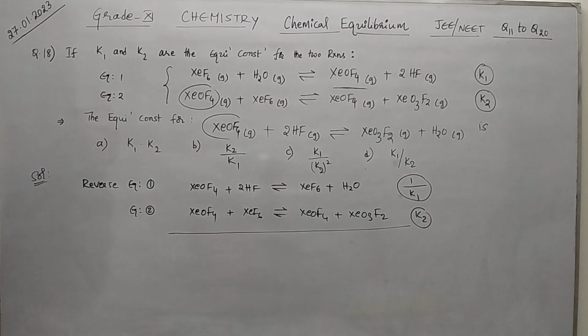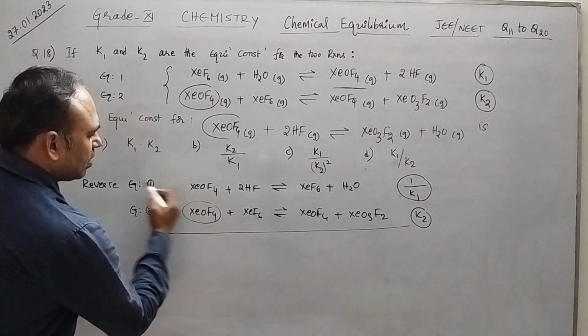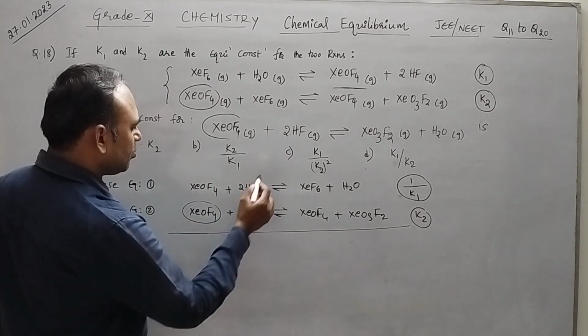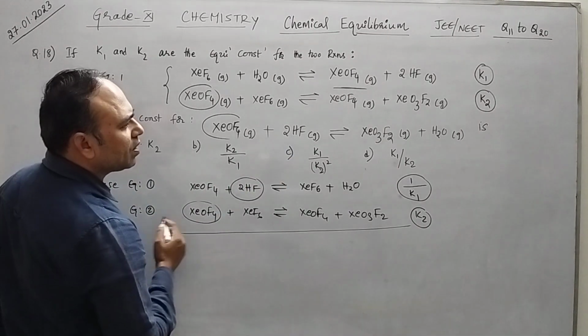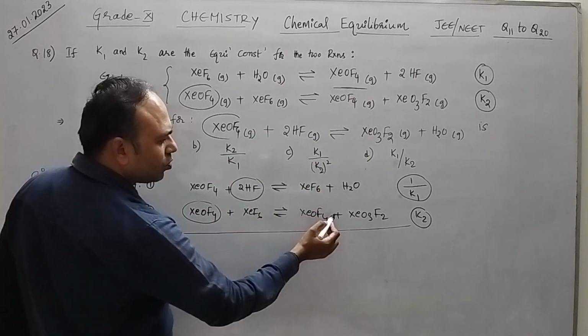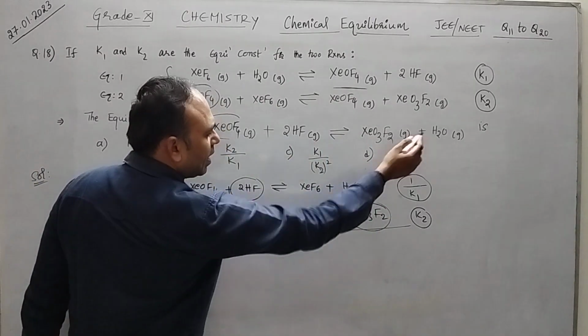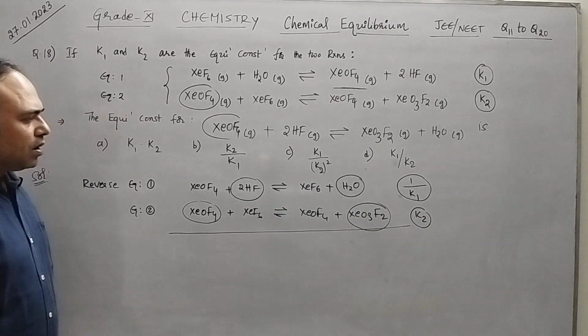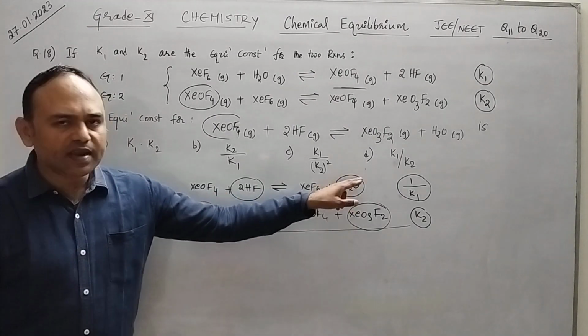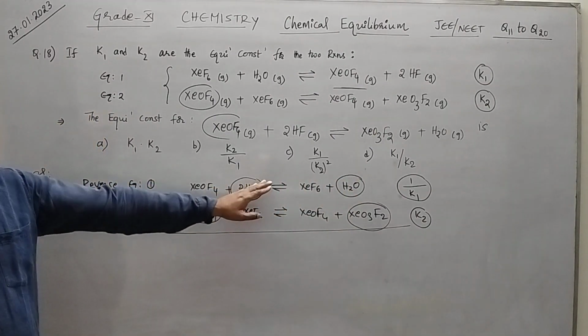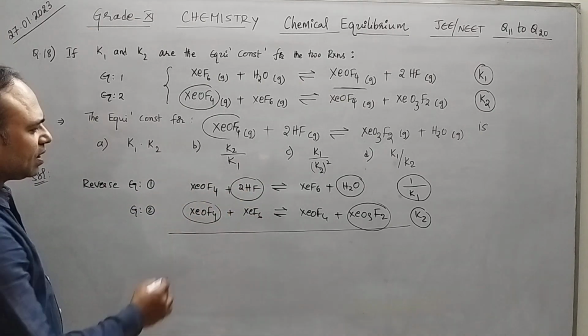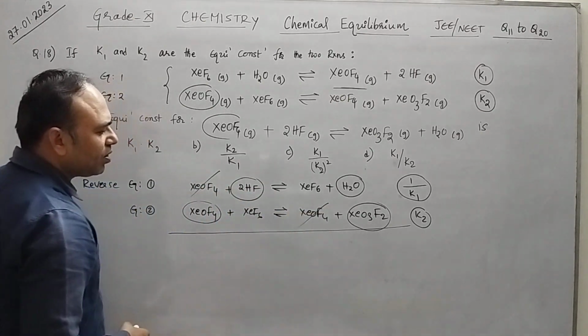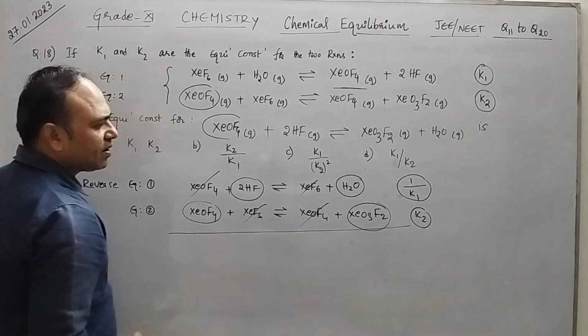Now, underline this or circle this XeOF4. Then comes 2HF. Other side XeO3F2. Circle that, and H2O. Now you want this required equation, so we have circled this, so we need not do anything with this, but the other one gets cancelled out. XeOF4 here, XeF6 gets cancelled out.